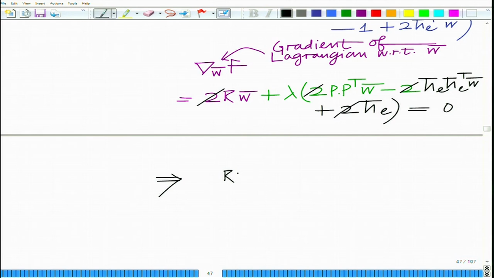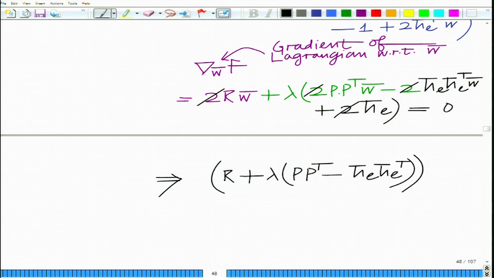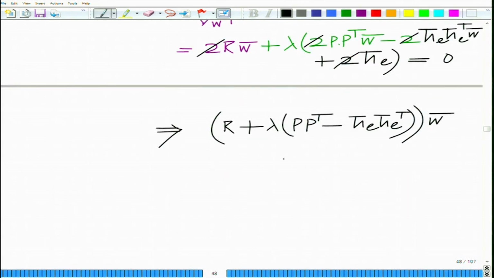So this will be R plus lambda P transpose minus H bar E transpose, this whole thing into W bar, equals minus H bar E.